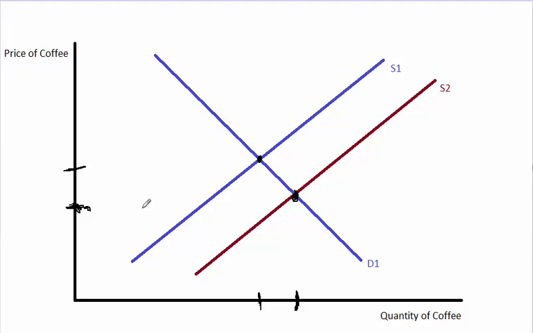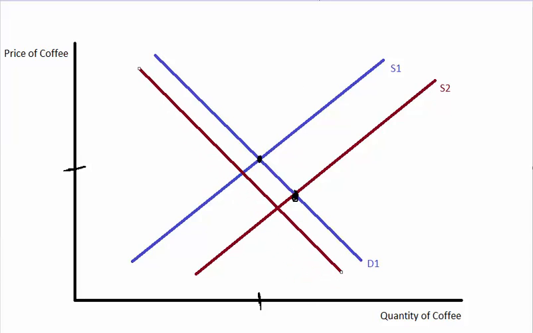Now, what if both of these things happen simultaneously? So our supply increased, and now let's say that our demand, as I said before, decreased. So our demand curve is going to come down here.